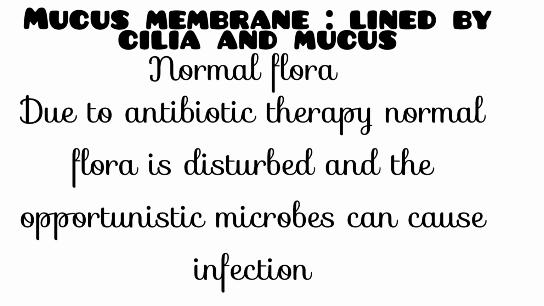But due to antibiotic or antimicrobial therapy, these organisms are also affected, and their number decreases, and they can then become opportunistic, and they can multiply and cause infections, pseudomembranous colitis and vaginitis respectively.